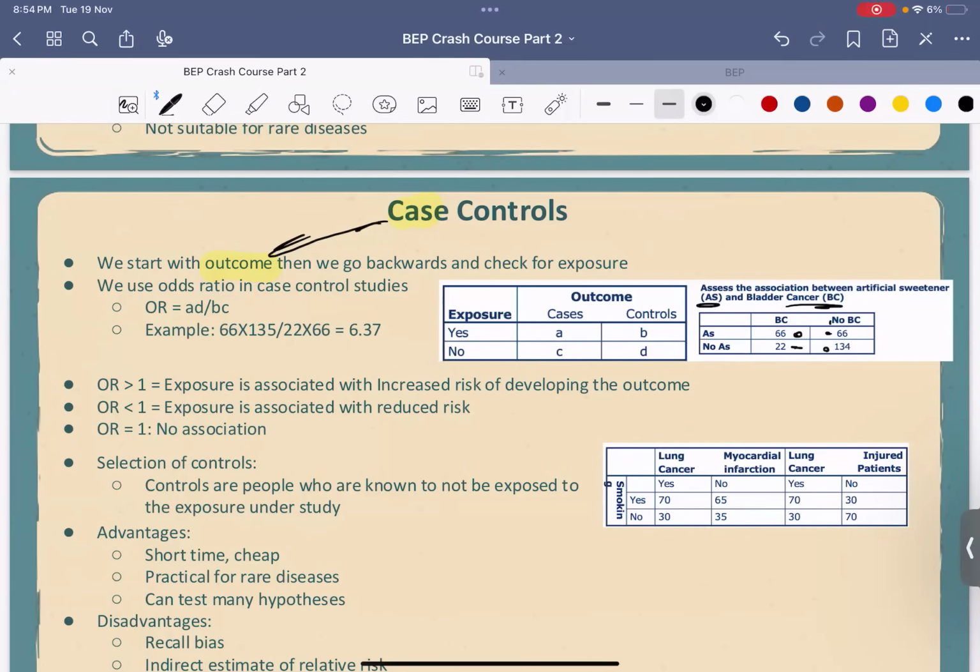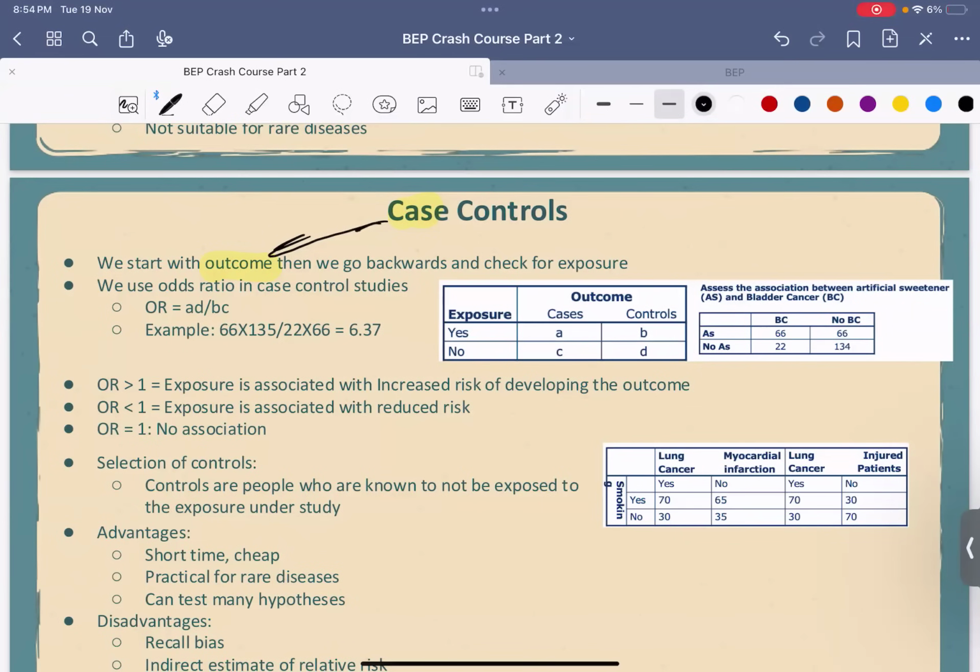And then we saw which ones took artificial sweetener, which one didn't. And then we got the odds ratio. So this table can be given to you and they tell you this is a cohort study, and then you need to do a different calculation. If they tell you this is a case control, you need to get odds ratio. If you need to do a cohort, you do relative risk, okay? So very important to differentiate between the two.